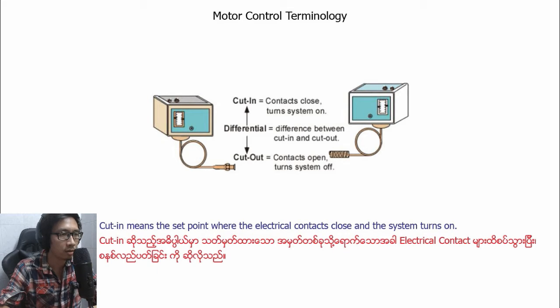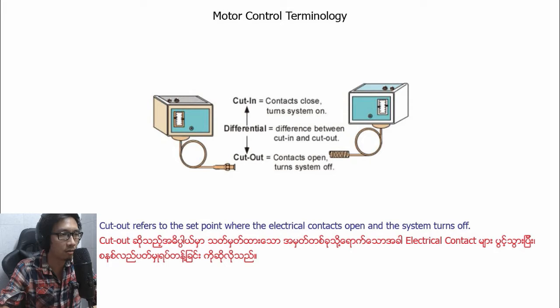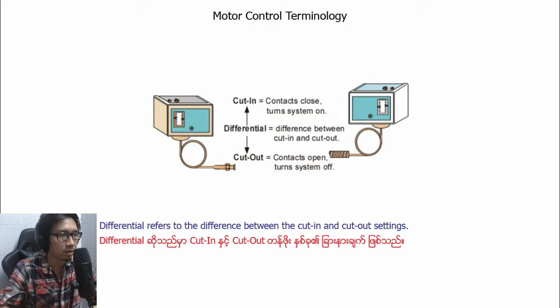Cut in means the setpoint where the electrical contact closes and the system turns on. Cut out refers to the setpoint where the electrical contact opens and the system turns off. Differential refers to the difference between the cut in and cut out settings.